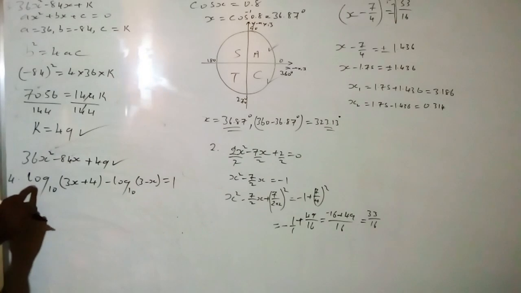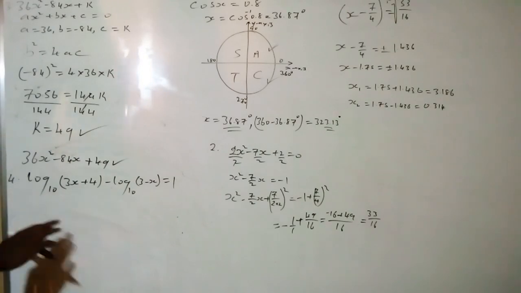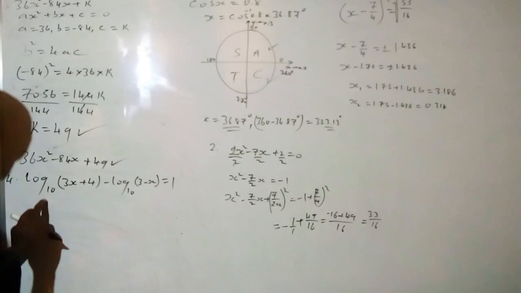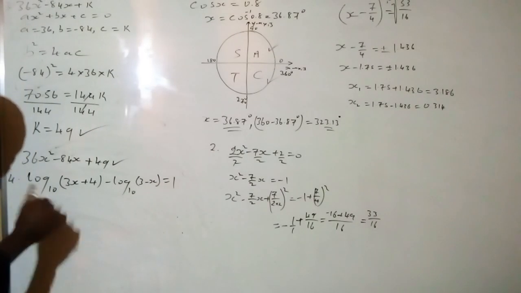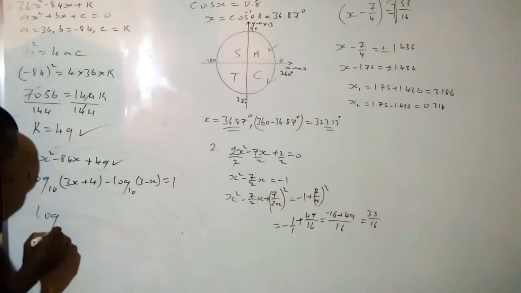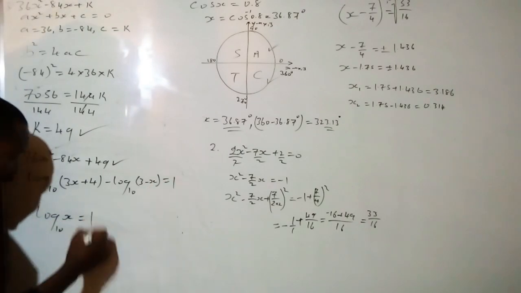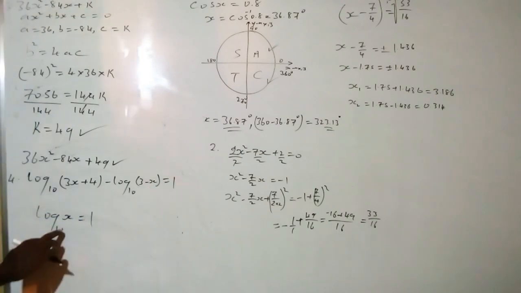So on the left-hand side we have log, and on the right-hand side we are going to have log base 10. Since this side has log base 10, we can say log base 10 of something we don't know, x, equals this one here. Our left-hand side is supposed to be left with x.